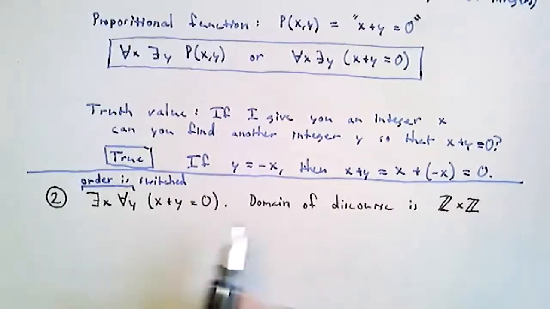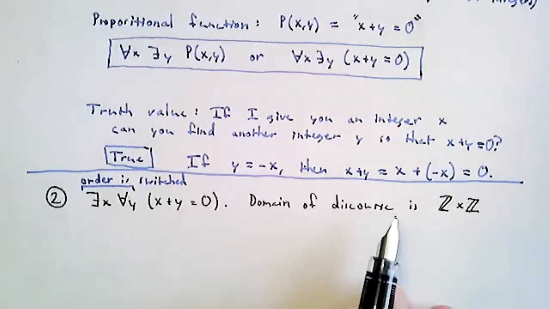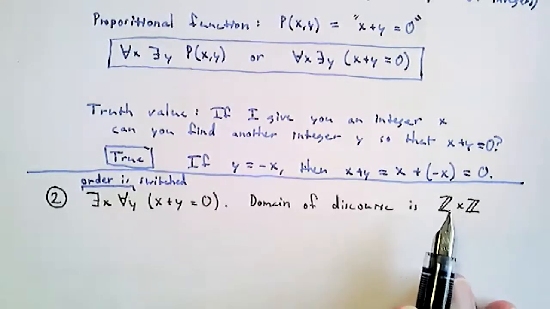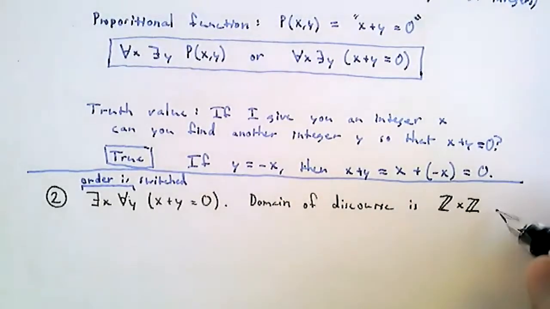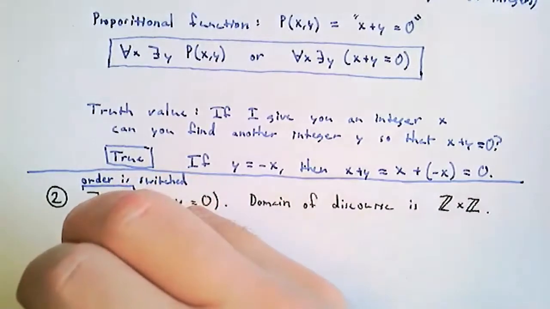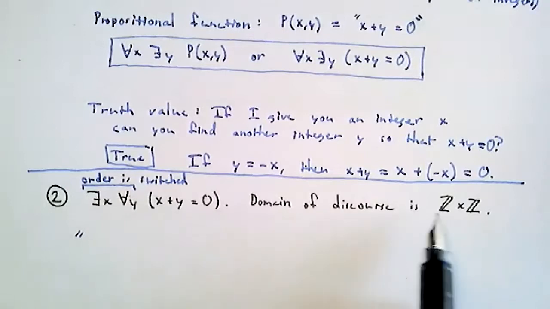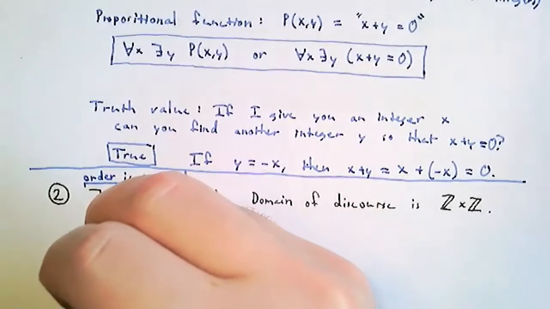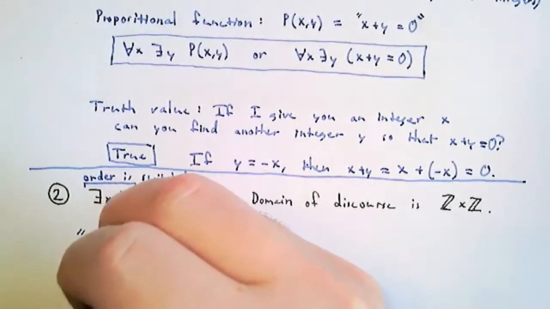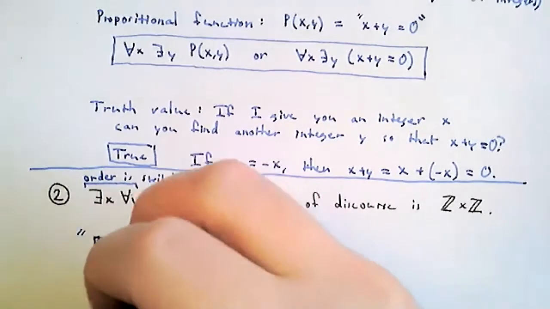So just reading through it, we have the symbolic expression, and we know that the domain of discourse is Z cross Z, so ordered pairs of integers again. So when I'm talking about x, I'm going to be talking about an integer, and the same thing for y. So the first one is the existential, there exists an integer x.